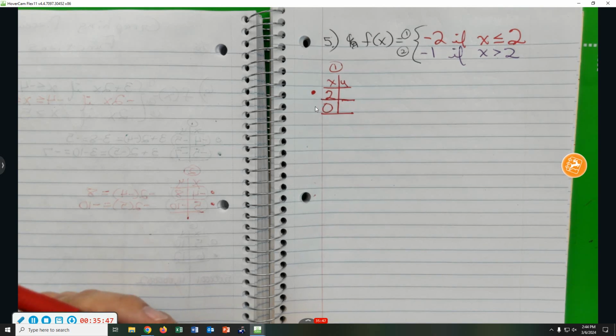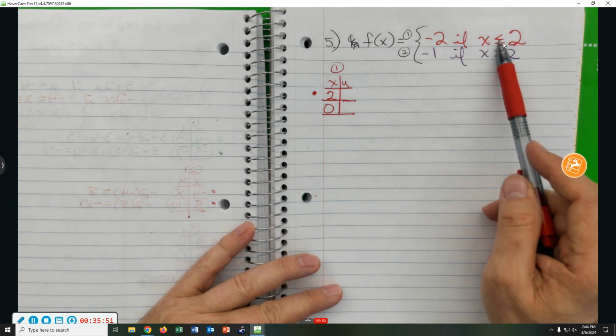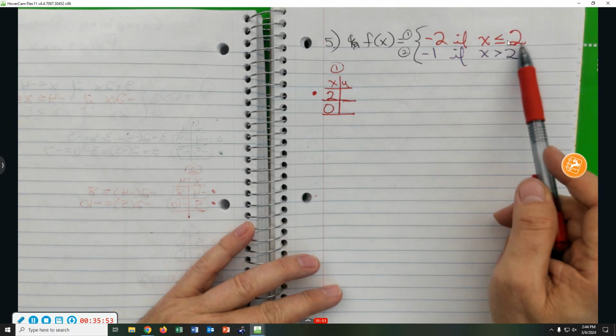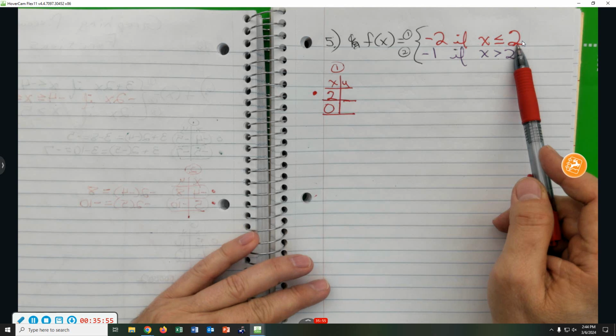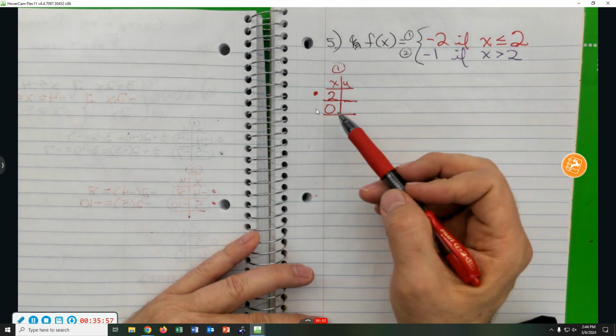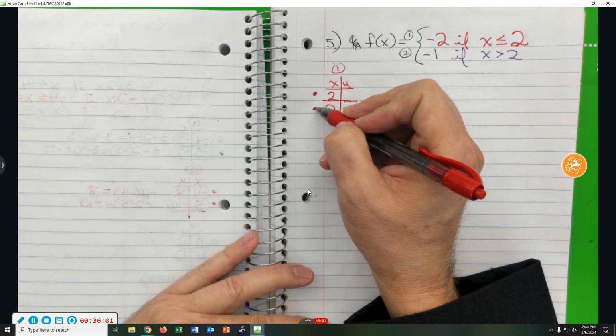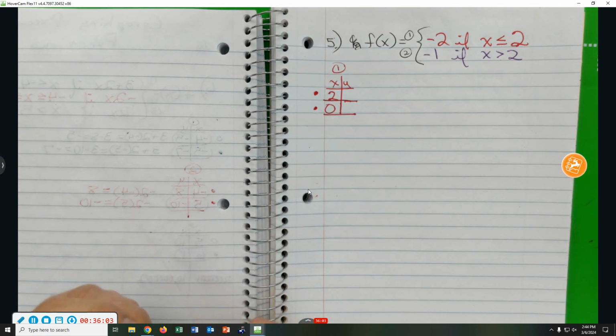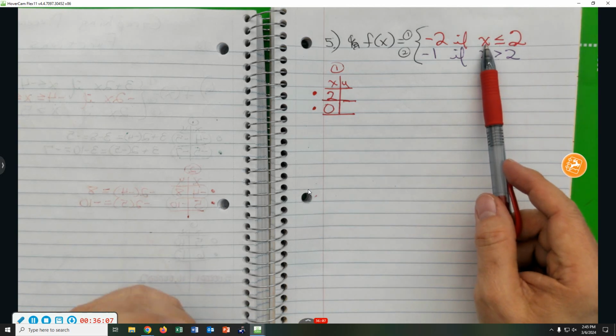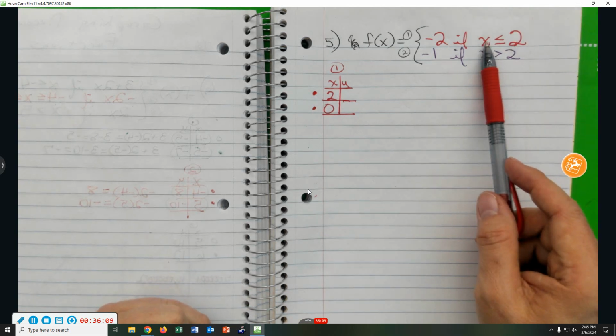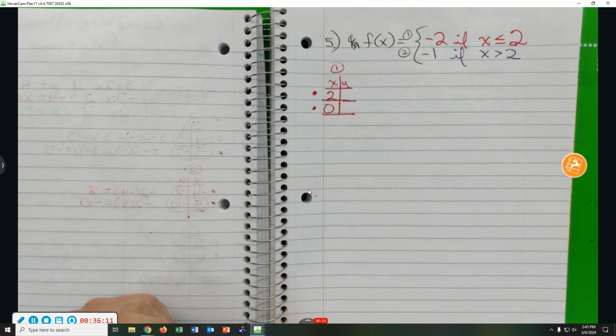Secondary points that you choose yourself must always satisfy the inequality. 0 is less than 2. Is that a true statement? So secondary points that you choose on your own must always be closed dots. You wouldn't be choosing a number that didn't satisfy. You wouldn't plug in 3 into the red piece because 3 isn't less than 2.